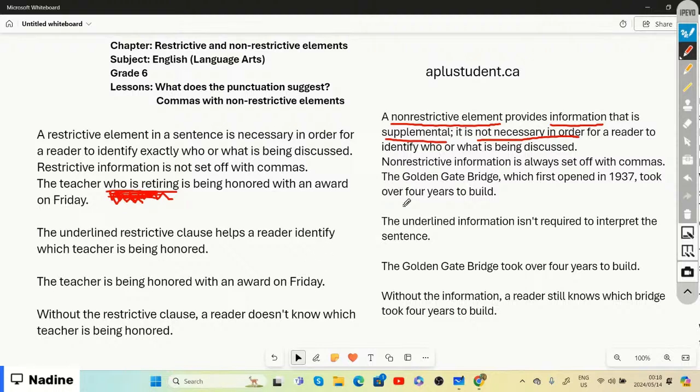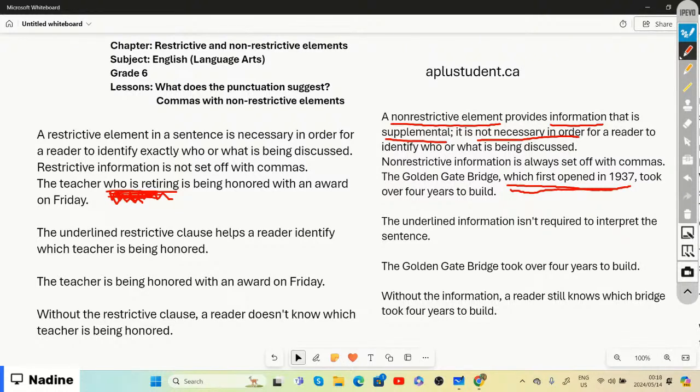So if we look at this, I'm going to underline it, which first opened in 1937, we don't even have to actually mention that, right? Because let's say they talk about a well known bridge within your city. Then this extra information is not necessary because now we know what the Golden Gate Bridge is, right?